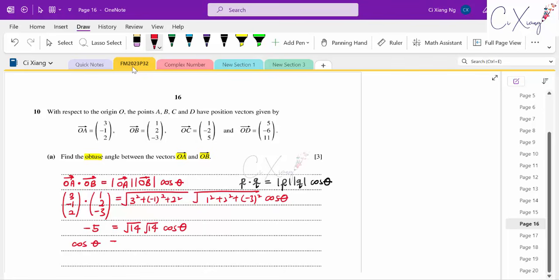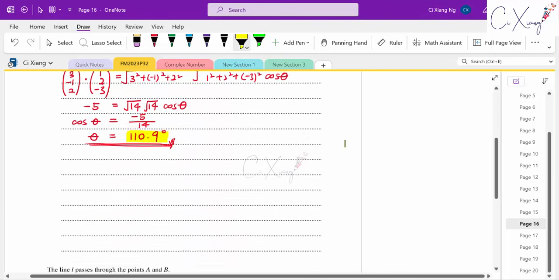If we simplify from here, cos theta equals -5 over 14. Just keep the negative sign and press the answer for the angle. So cos inverse of -5 over 14, we have 110.9. Okay, so this is the obtuse angle between the position vectors OA and OB.